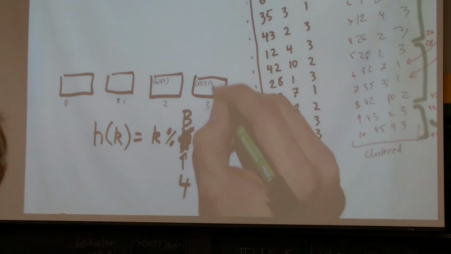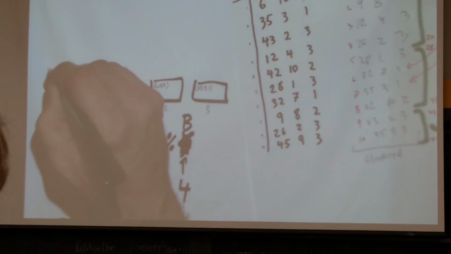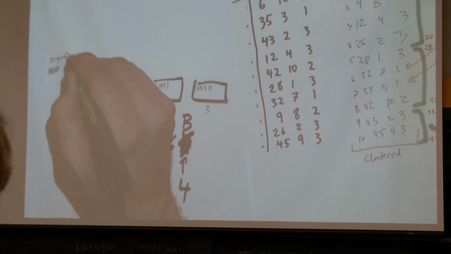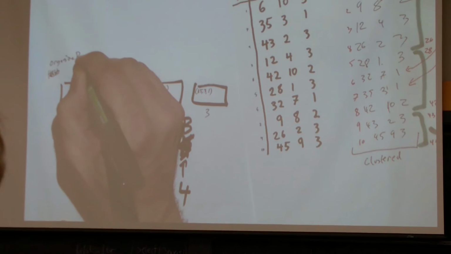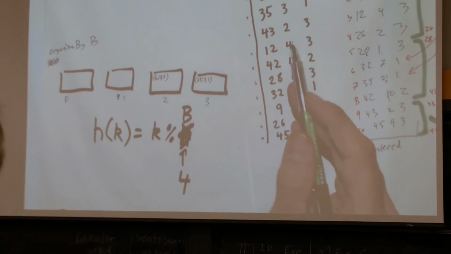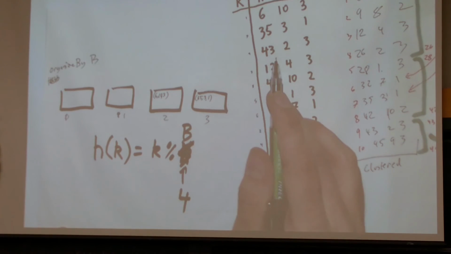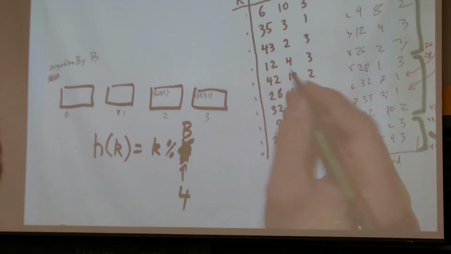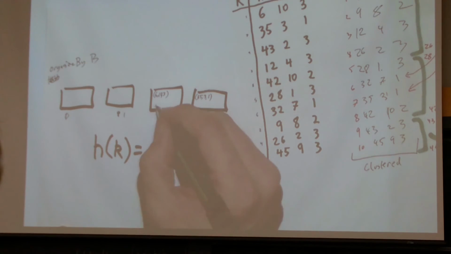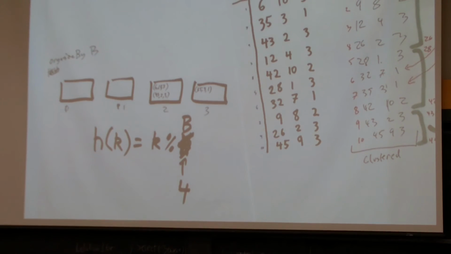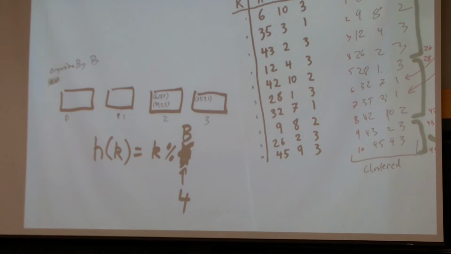An easy one. So 35, 3, 1. And so on. I put all of the data into the corresponding buckets.